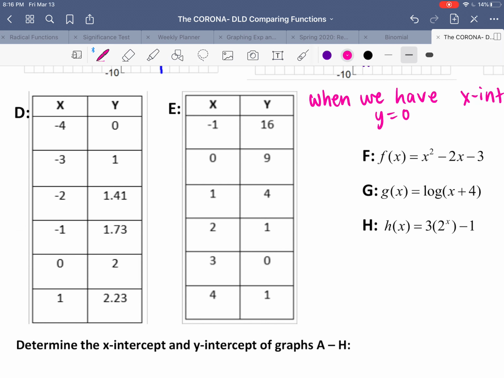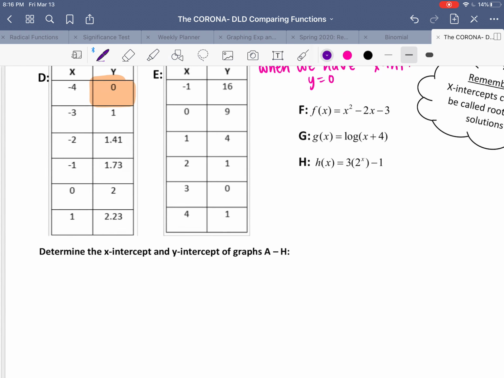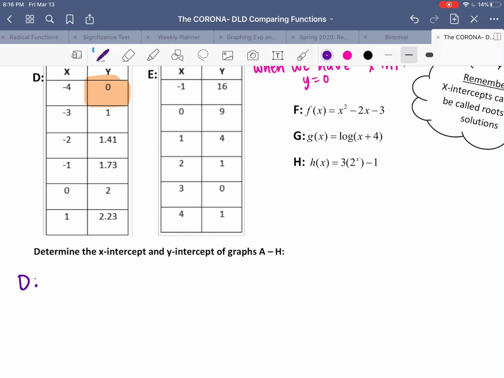So in order to find our x-intercept, we need to figure out in our table where y is 0. So right here we see that y is 0. So we know that our x-intercept for graph D is at (-4, 0).